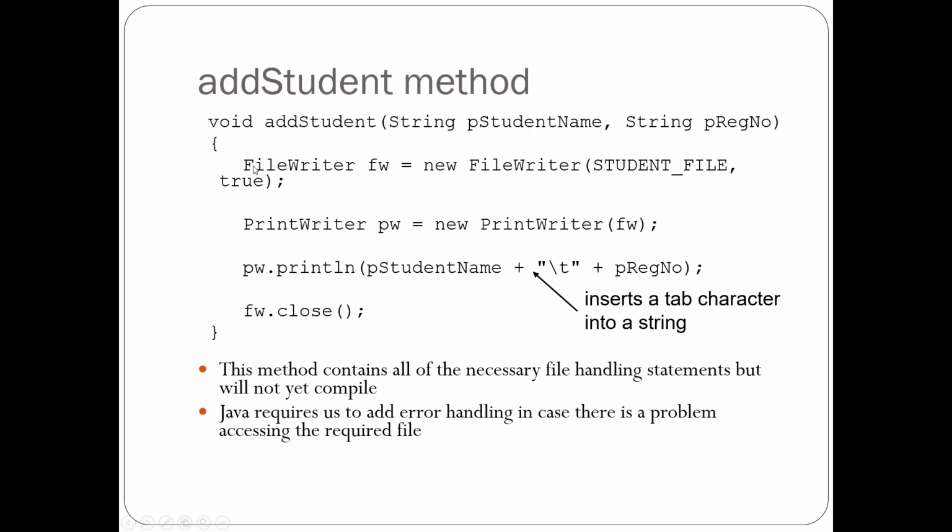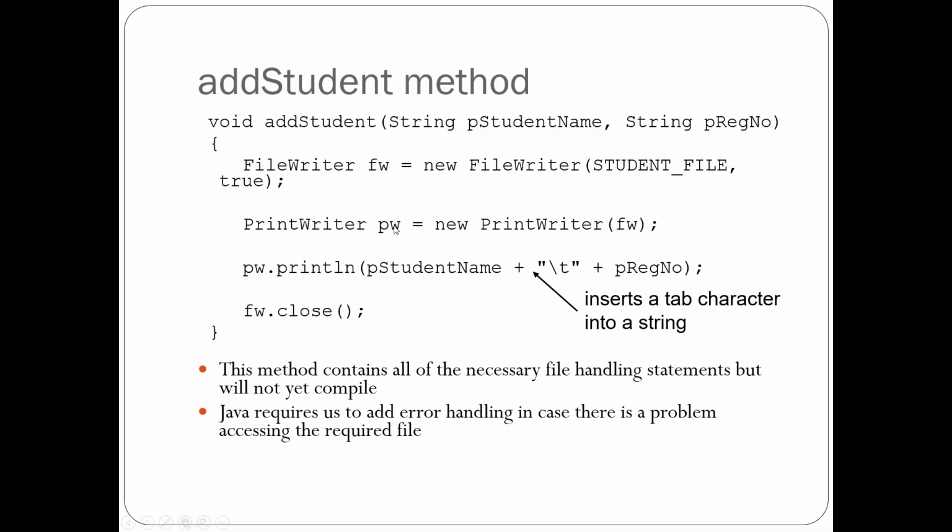And then inside this method, we're going to create the instance of a file writer. Student file is students.txt, which is from the constant, and we're going to set the append flag to true so that every time we add a new student, we add it to the end of the file. We don't overwrite the same one over and over again. We create the print writer connecting to our file writer object so that we've got the ability to use our commands to write to that file.